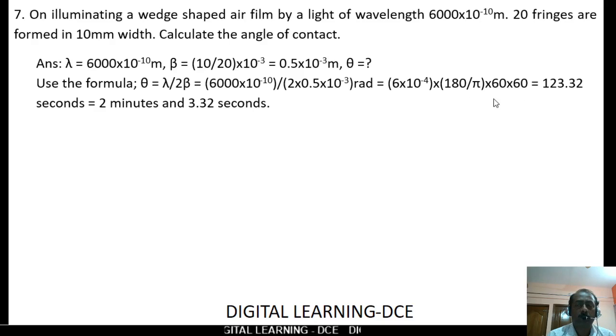Then it becomes 123.32 seconds. Further, you can convert into minutes and seconds: 120 seconds means 2 minutes, and the remaining is 3.32 seconds. This is the final answer.